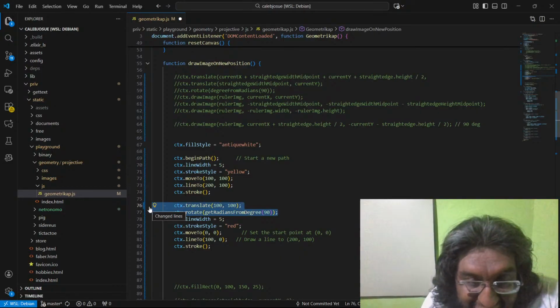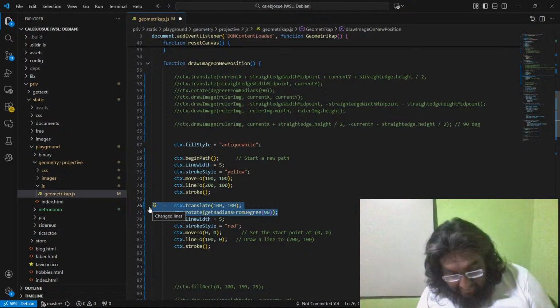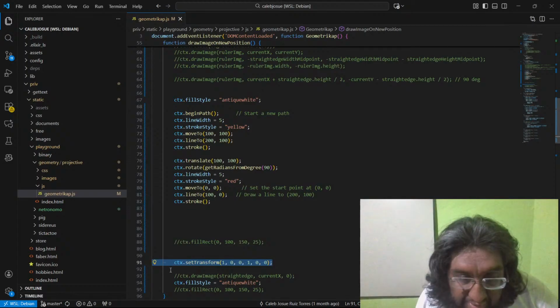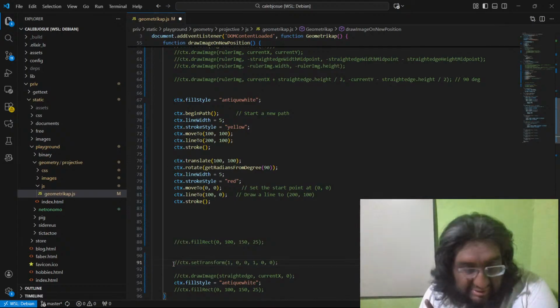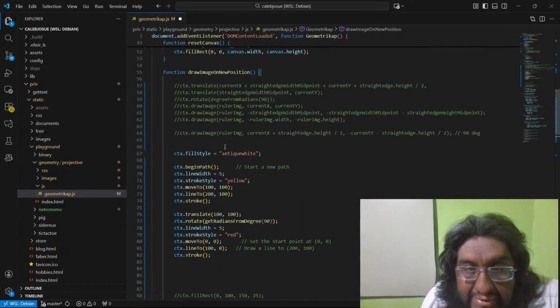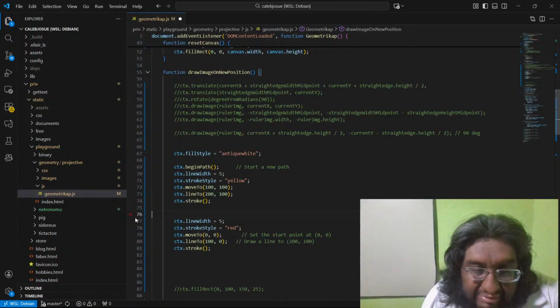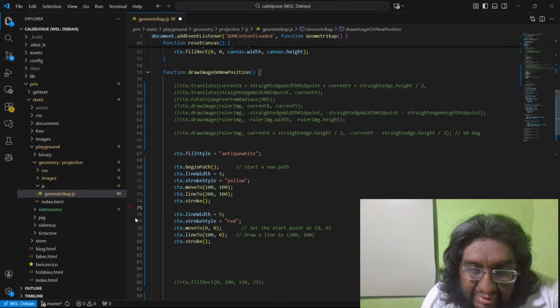We are getting rid of this. Actually, we need this just in case. Translate and rotate. We have those things over here, so we are deleting it.